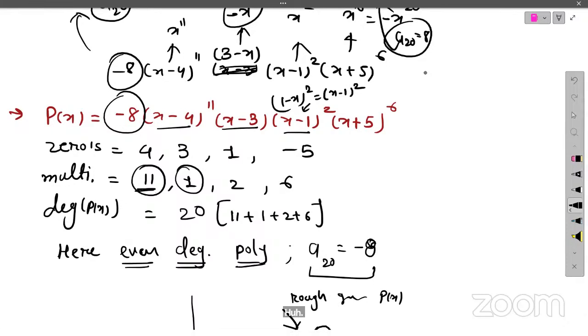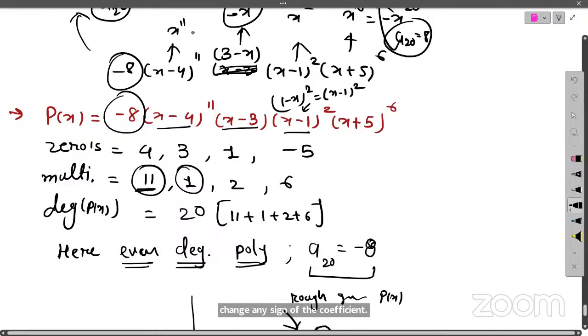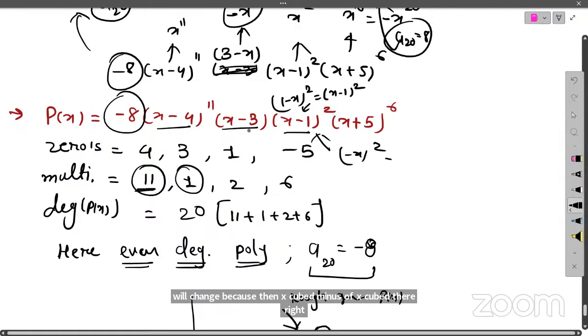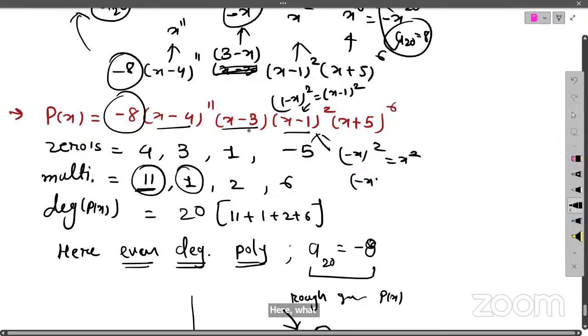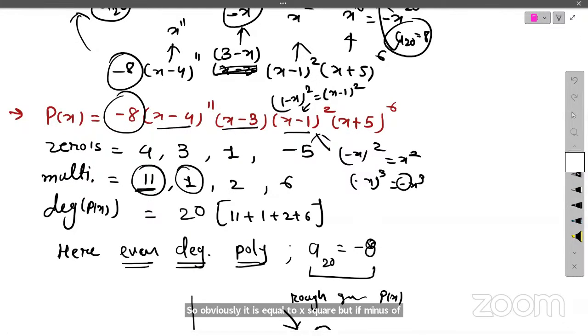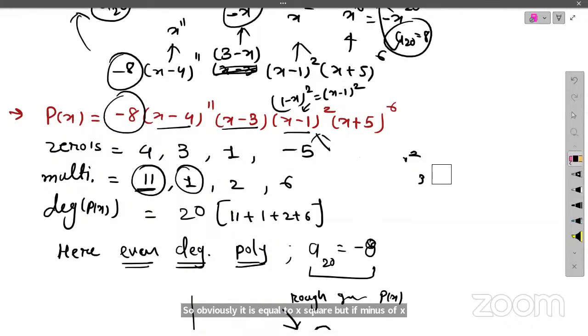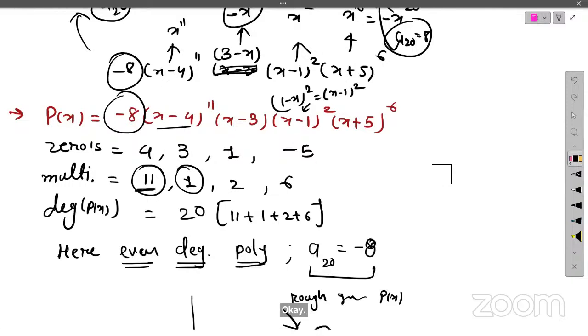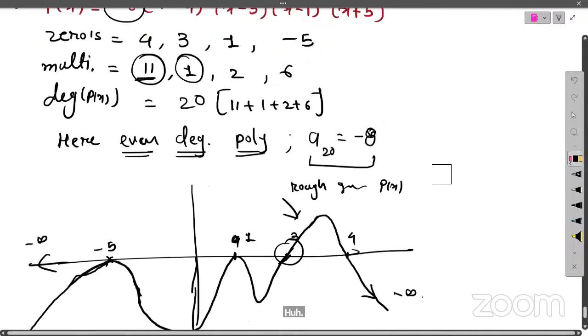But if it is a cube, then it will change, because minus of x cube gives a minus. Here, minus of x square is just x square. So you don't have to multiply by minus 1 if it is a square, but if it is a cube, then you have to.